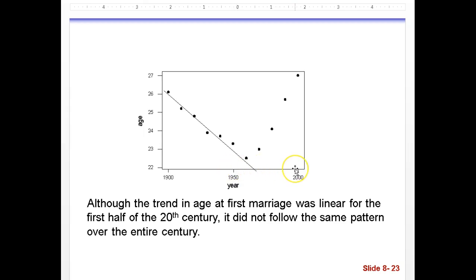You do not want to be putting in values of x that are much outside the range of the values you used to get the regression in the first place. So we had data from 1900 to 1940.